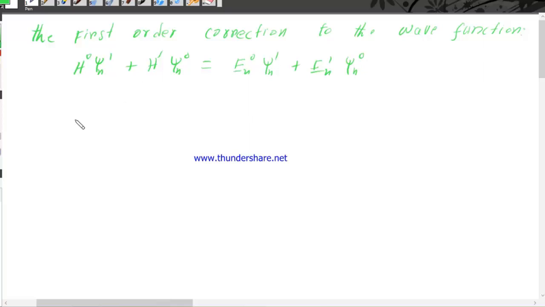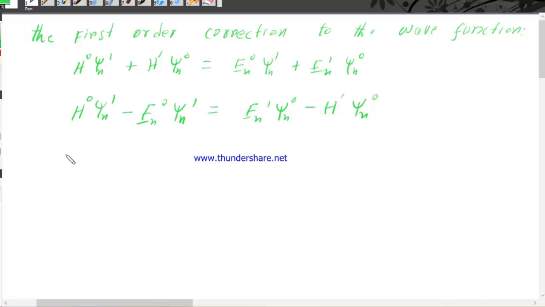Now we can rearrange these equations to find ψn1, the first order correction to the wave function. H0 ψn1 is kept on this side, and this term is transferred to this side: minus En0 ψn1 is equal to, and this term is transferred to this side, minus H' ψn0.